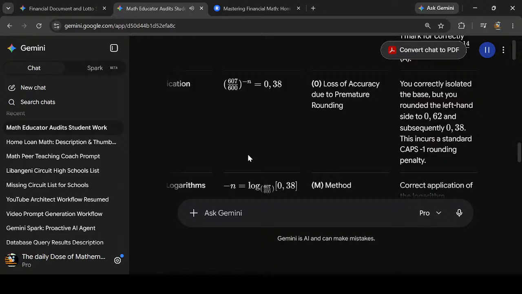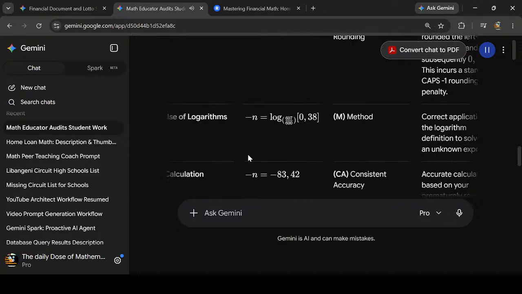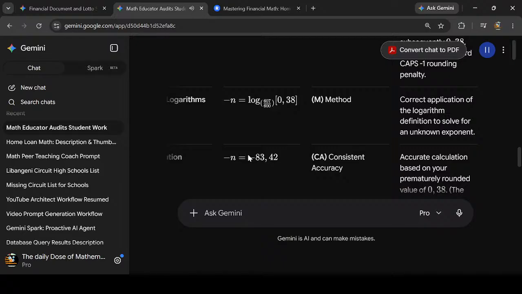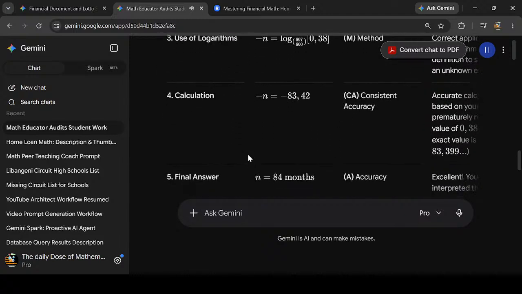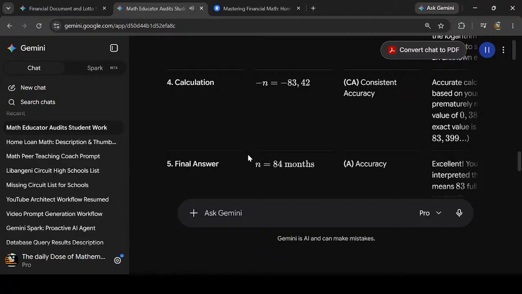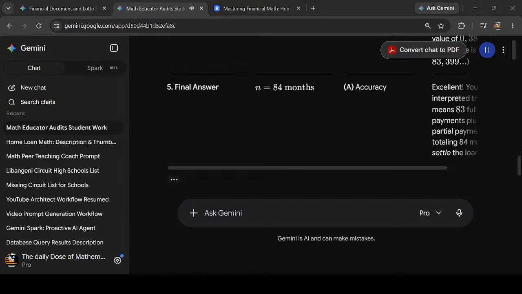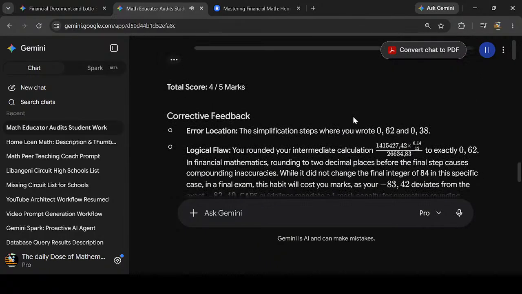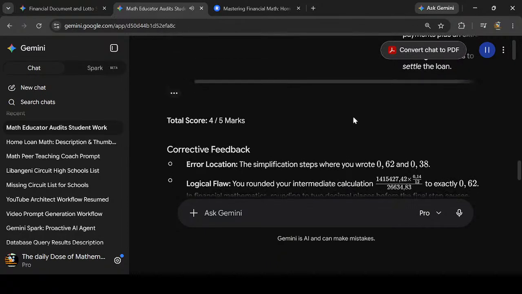Use of logarithms: n equals log base 607/600 of 0.38, M method. Correct application of the logarithm definition to solve for an unknown exponent. 4. Calculation: n equals negative 83.42. CA, consistent accuracy. Accurate calculation based on your prematurely rounded value of 0.38. Accuracy: excellent. You correctly interpreted that 83.42 means 83 full payments plus an extra partial payment, totaling 84 months to settle the loan.